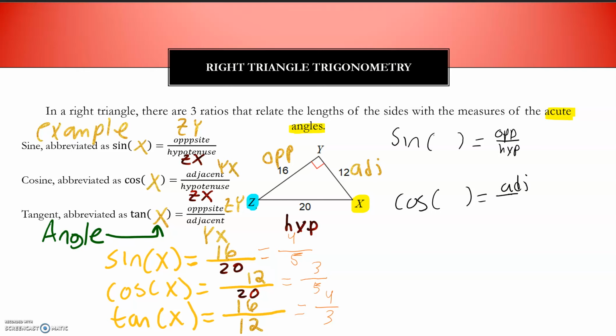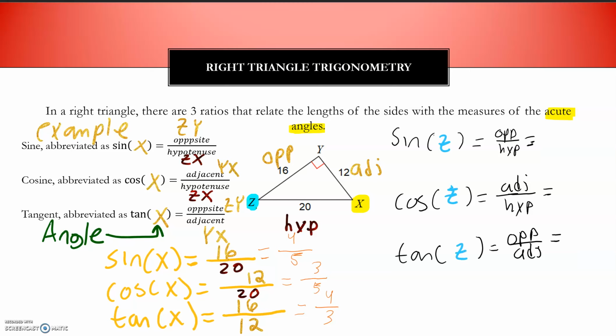So I'm going to fill in, and I'm going to do this how I would advise you to do it if you were in my class, which is to write down the trig function, write down what the formula means, and then write down our answers. Okay, so we are doing the sine, cosine, and tangent of angle Z. Z goes in the parentheses.